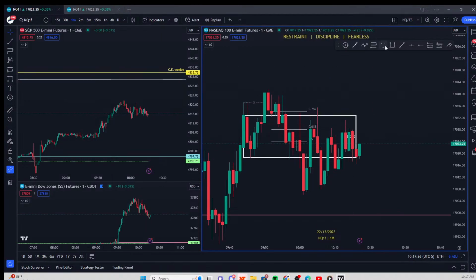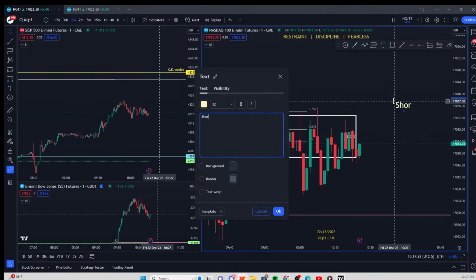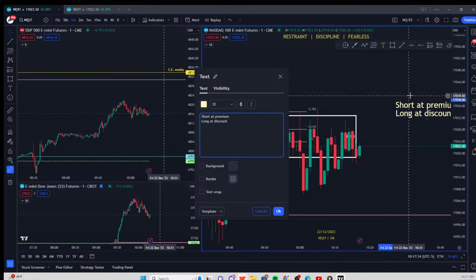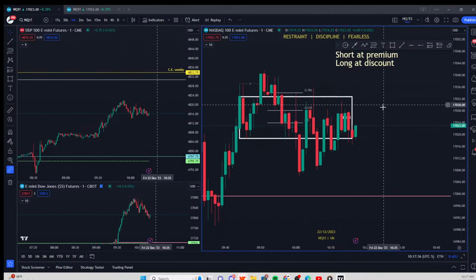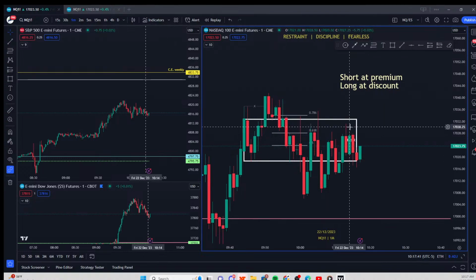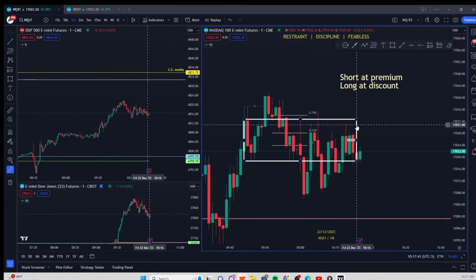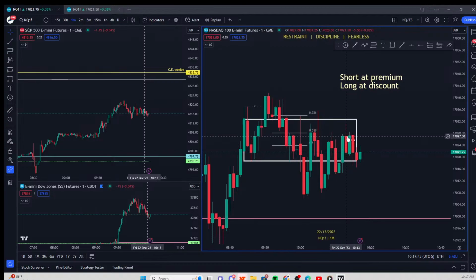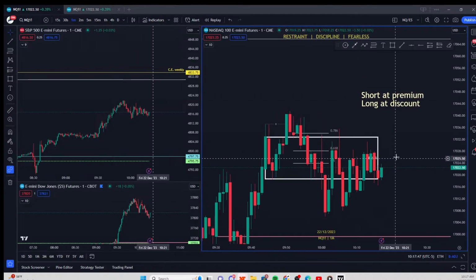So scalping: short at premium, long at discount. If it comes back up, if you're looking at just scalping opportunities, just keep on reusing it.